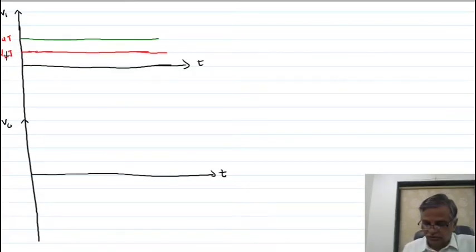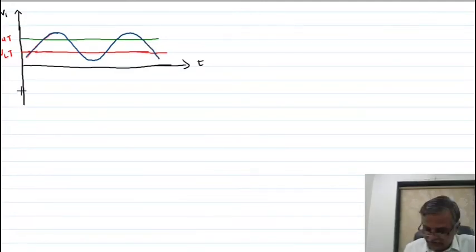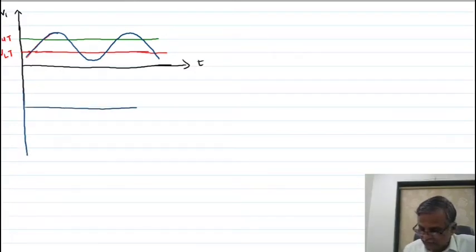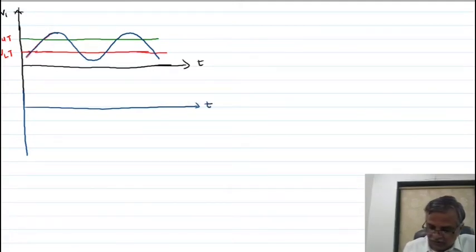Suppose these are the lower and upper threshold voltages in the Schmitt trigger circuit, and this is the Vi input you are giving to the Schmitt trigger, and let us see its corresponding output voltage. I am showing you my corresponding output voltage. Look here, this is your Vi, the input voltage.